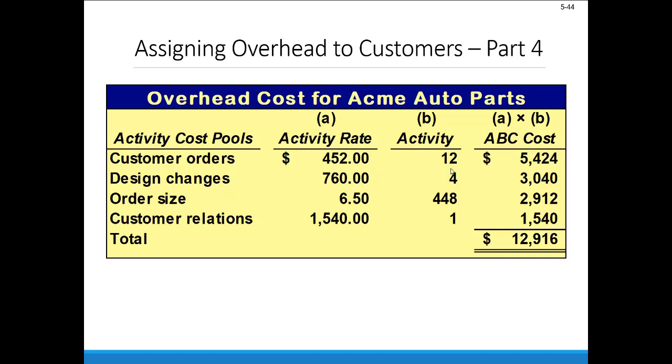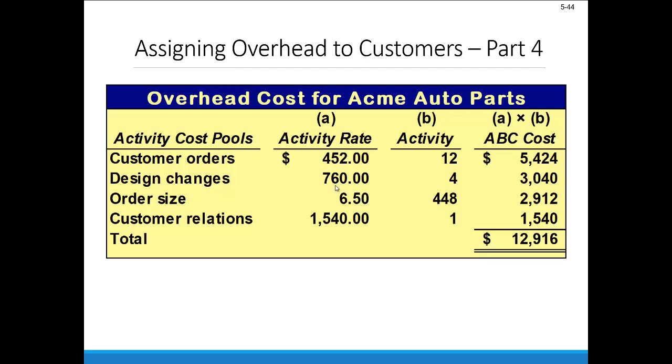So we'll multiply that by the 12 orders that Acme placed throughout the year, and there's our total cost of $5,424. Now, those 4 orders for the long lives did take some design changes. So the rate there was $760 per change. Multiply that by the 4 changes needed, and there's total cost of $3,040.